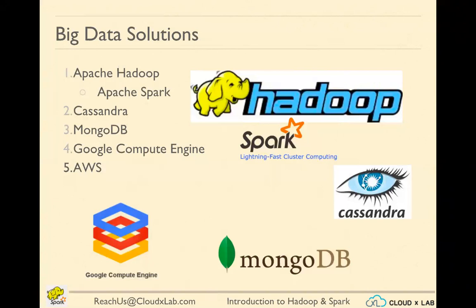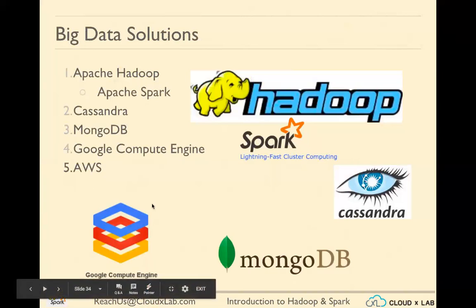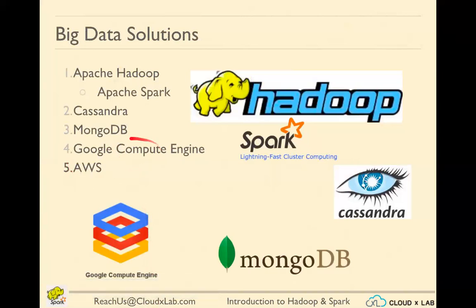A question from Sheshadri is, are there use cases where we could use these solutions, not only for big data? So I'll tell you this. Even if you don't have big data, the case for Google Compute Engine and AWS is definitely there.